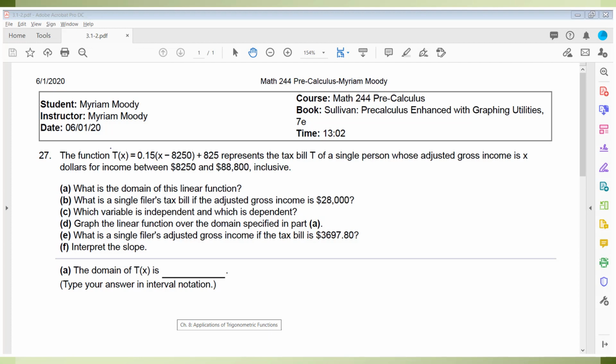They give us this particular function, and again, we have two variables, don't we? We have T and we have X. So, according to them, X, which is the input, is X dollars of income, right? That's the number of dollars.